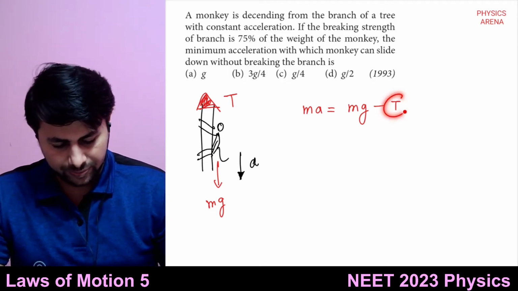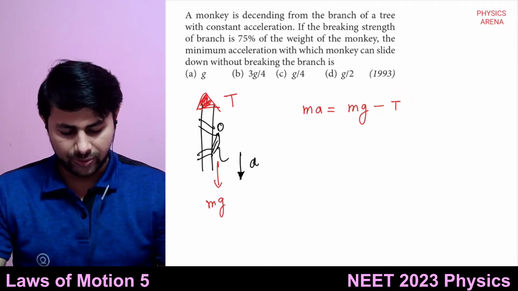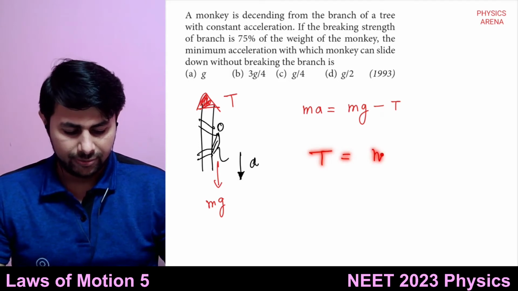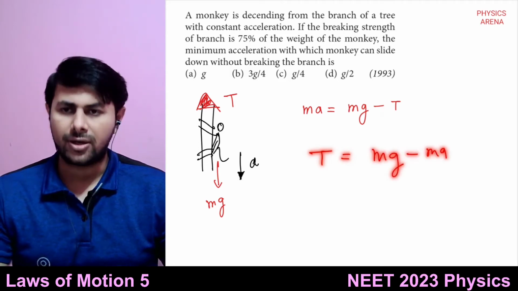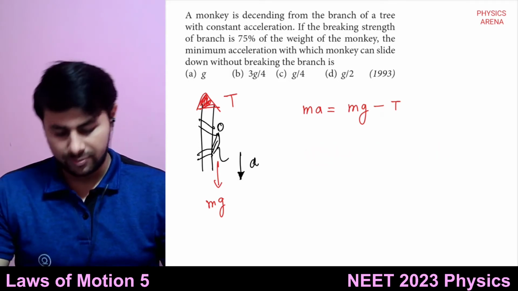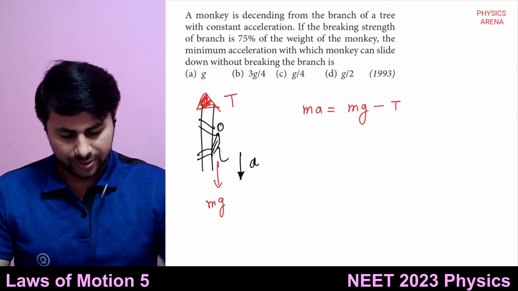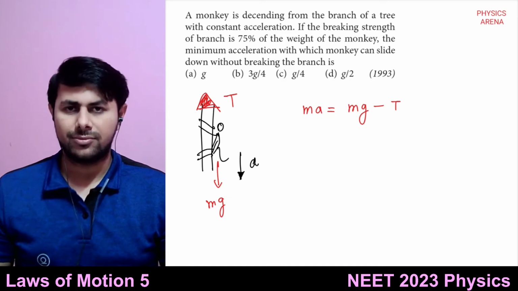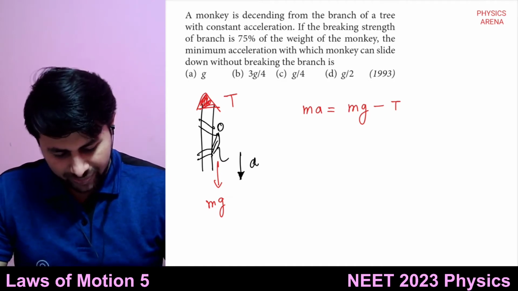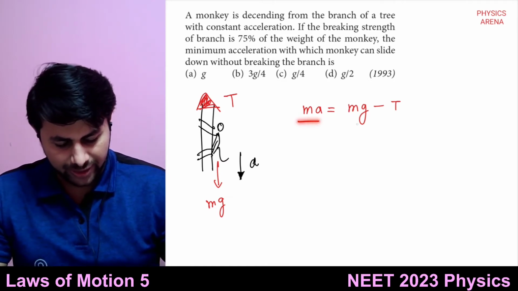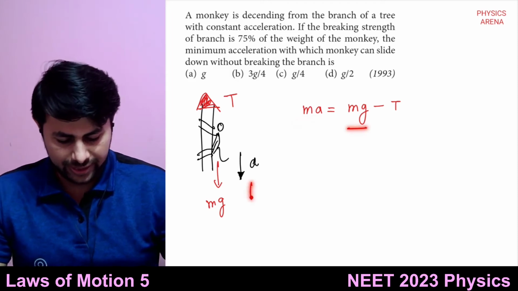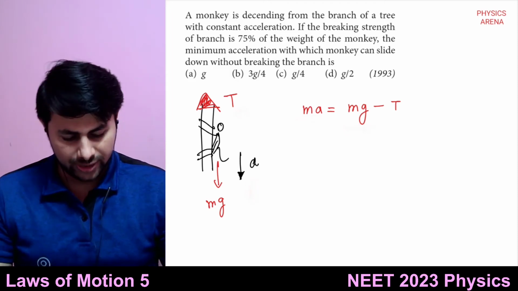So now we could use the direct formula, T is equal to what? Mg minus ma, or m multiplied by (g minus a), because he is descending downwards. But because I wanted to explain this, so I explained it. So m times a is equal to what? Mg, the net downward force, minus tension in the string.